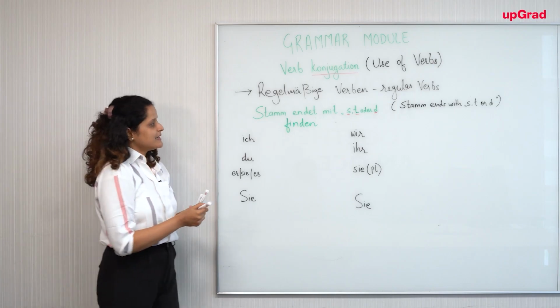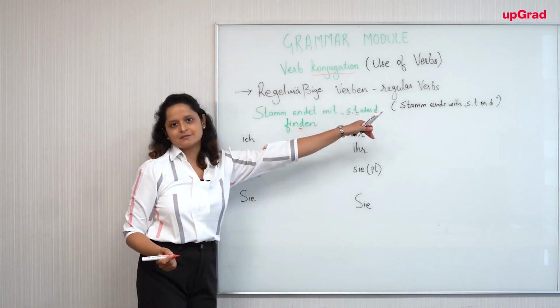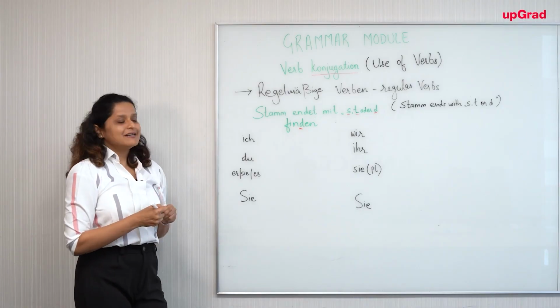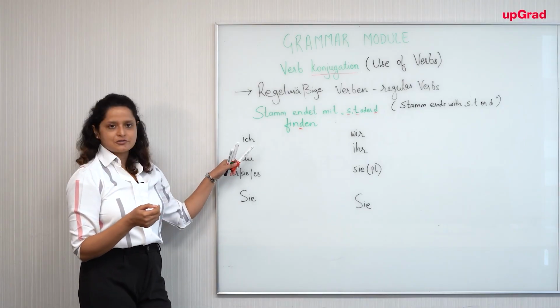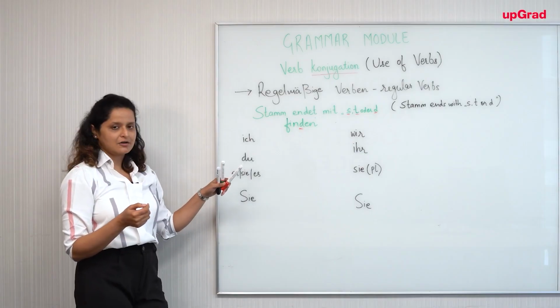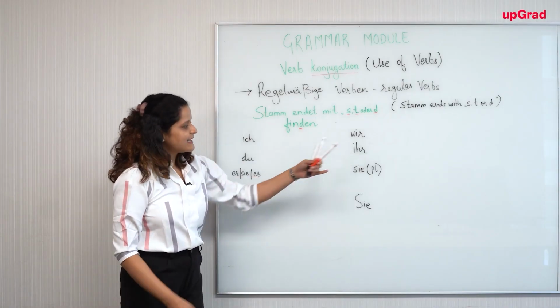So when the stem ends with D, the exact rule that we follow for T is followed. So you again add EST and ET to the said conjugations of du, er/sie/es, and ihr.